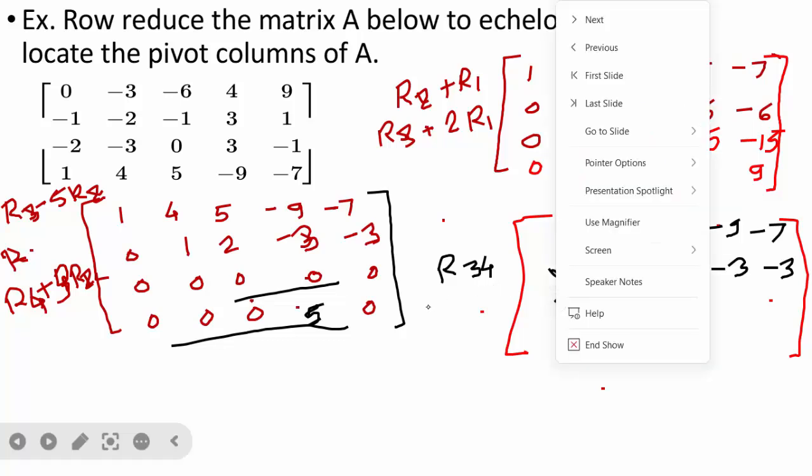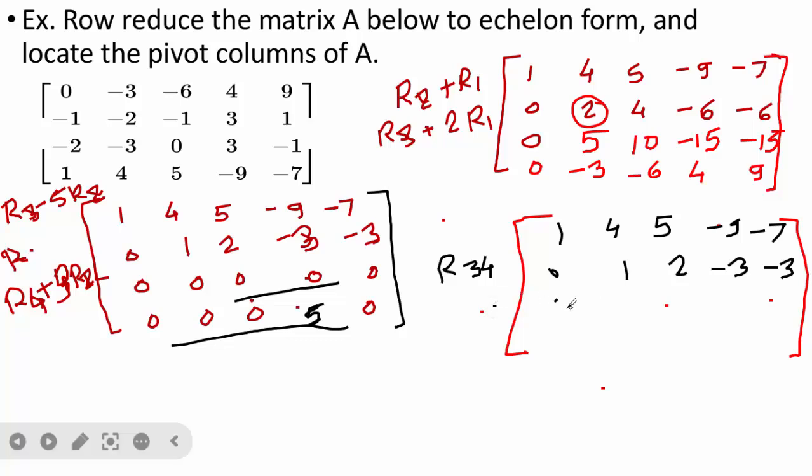Then the fourth row I shall place at the third row, 0, 0, 0, 5, 0, and the fourth row becomes 0, 0, 0, 0.